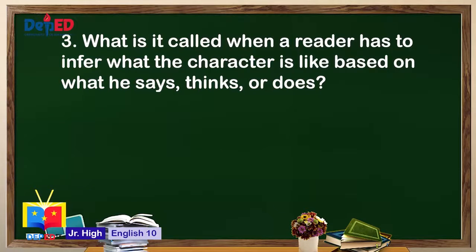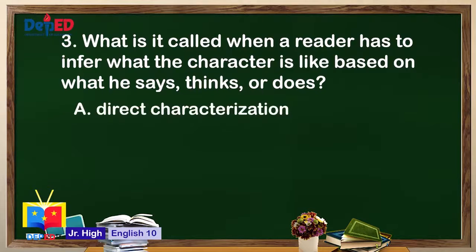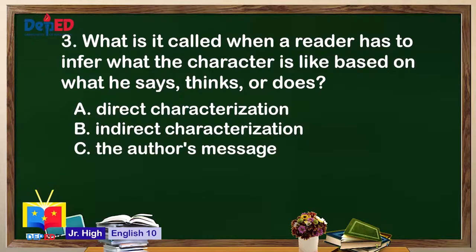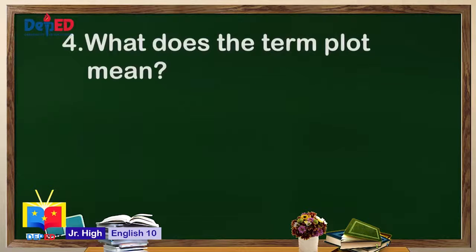What is it called when a reader has to infer what the character is like based on what he says, thinks, or does? A. Direct characterization. B. Indirect characterization. C. The author's message. Or letter D. Point of view.